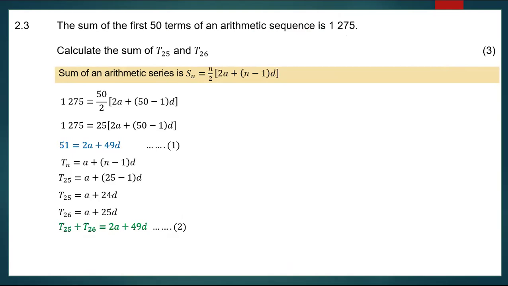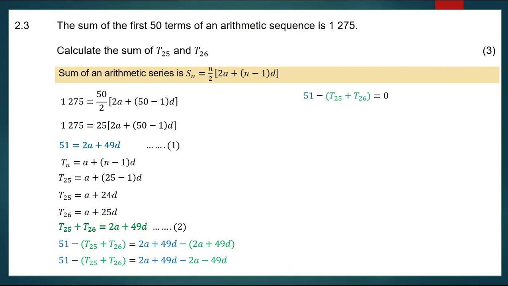You will end up having 51 minus T25 plus T26 equals 2a plus 49d minus 2a plus 49d, and that will give you 0. Then you transpose 51, which will be negative, then you divide by negative on both sides. So T25 plus T26 will just be equal to 51, and that is the solution.